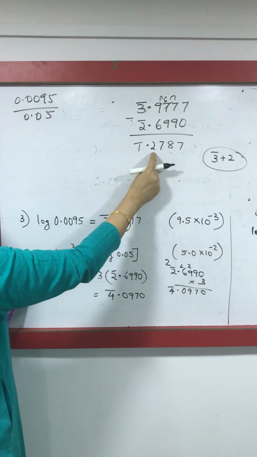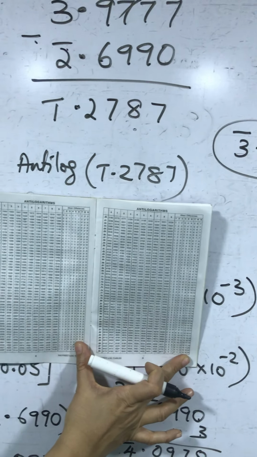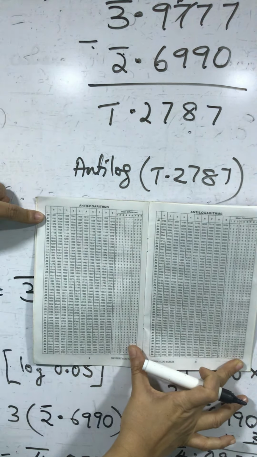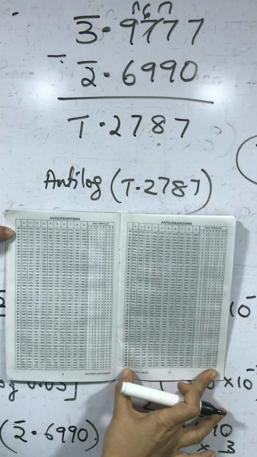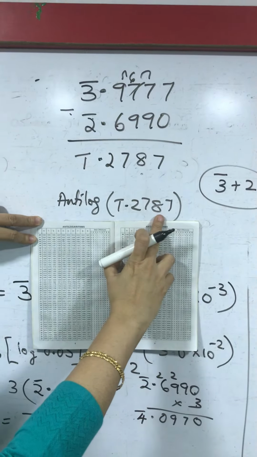When I take anti-log of this number, let us look at the anti-log tables. The anti-log tables will start with 0.00, 0.01 and they will go on to 0.99.